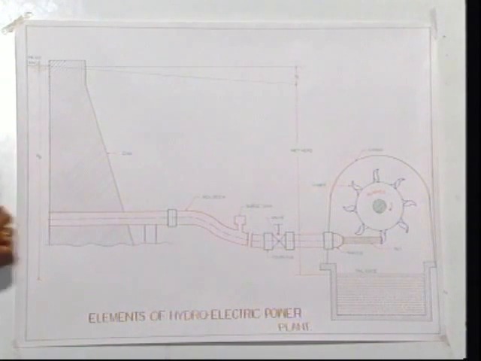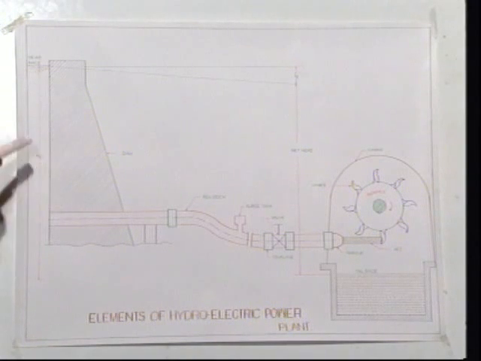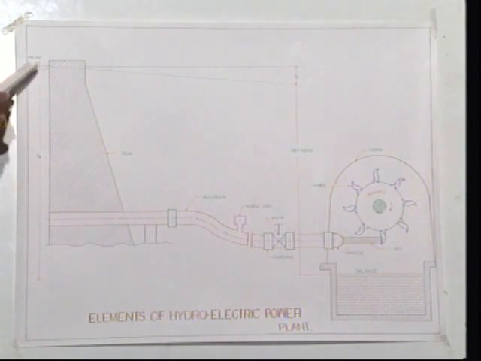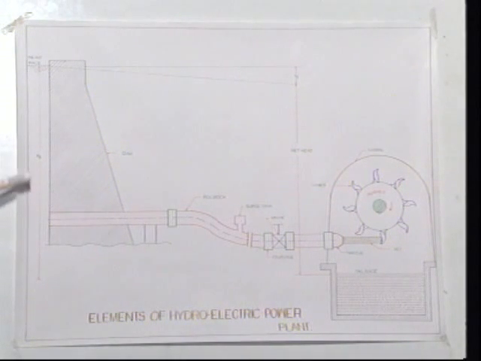This is the river which is flowing. Here we construct a dam so that the pressure energy of the fluid is increased. The water surface in the storage reservoir is known as head race level, or simply we call this the head race. This is almost the gross head which is available at the inlet of the pipe.